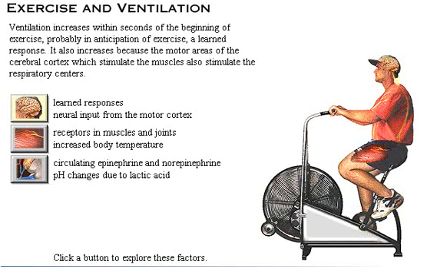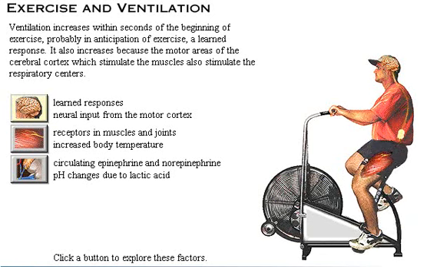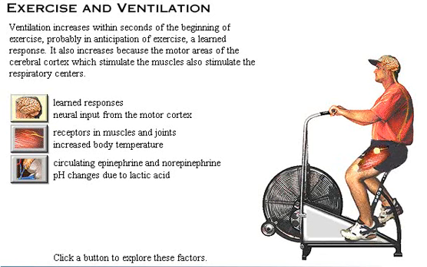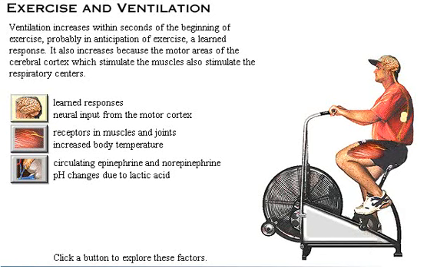Ventilation increases within seconds of the beginning of exercise, probably in anticipation of exercise, a learned response. It also increases because the motor areas of the cerebral cortex, which stimulate the muscles, also stimulate the respiratory centers.